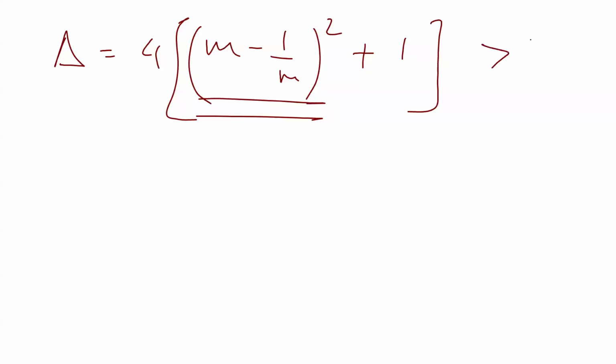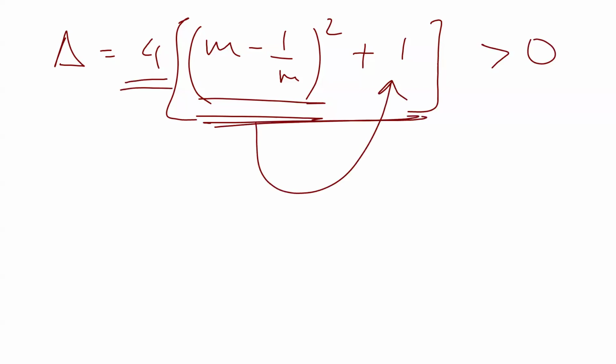So this is greater than 0 only, because square plus 1, positive plus 1 will be positive, and this positive into 4 will be positive itself. So it is always greater than 0. It can never be equal to 0. So that is the answer.